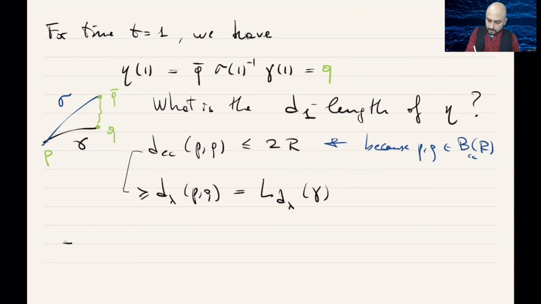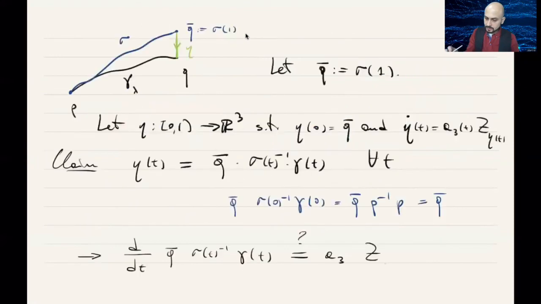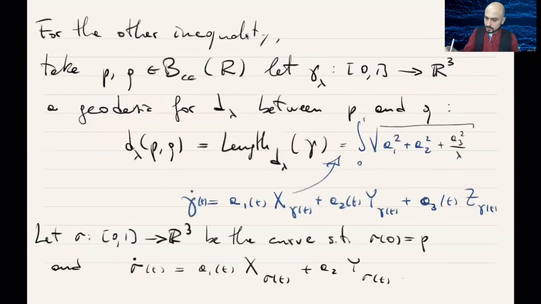So this was equal to the square root of A1 square plus A2 square plus, how did we write it? We wrote it here.